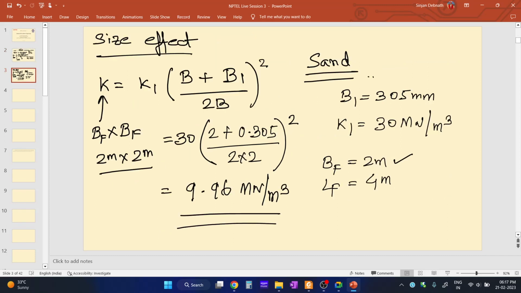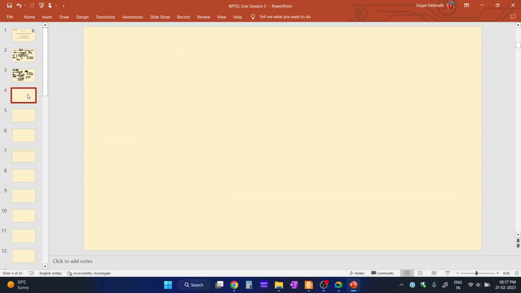Okay, now the shape effect. We are now finding out the subgrade modulus for a rectangular footing from the square footing.